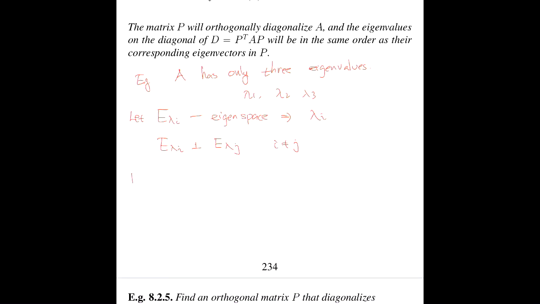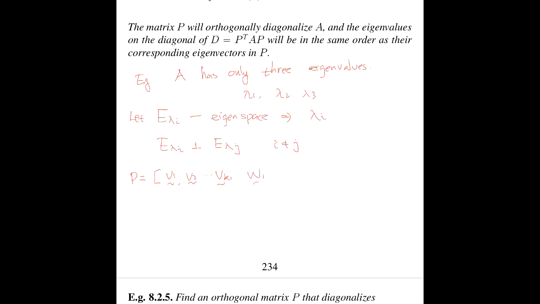So if we find, using this algorithm, an orthonormal basis for each eigenspace E lambda 1, E lambda 2, E lambda 3, I just call them, for example, V1, V2, up to VK1. These K1 vectors are the orthonormal basis for E lambda 1.